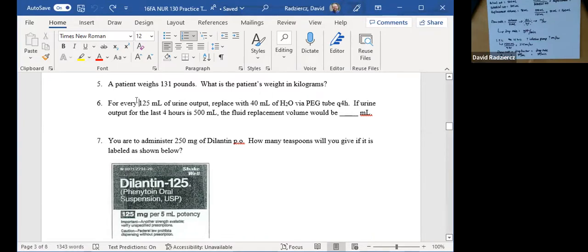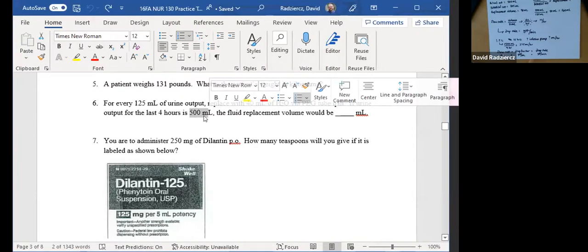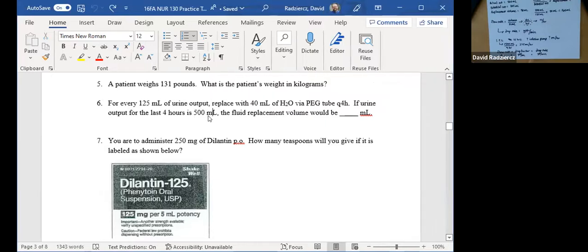You have what's considered the potential output. It usually says for every however many milliliters of urine output. So that's the potential. You have the replacement volume. And then you have the actual volume lost, what the patient actually voided.